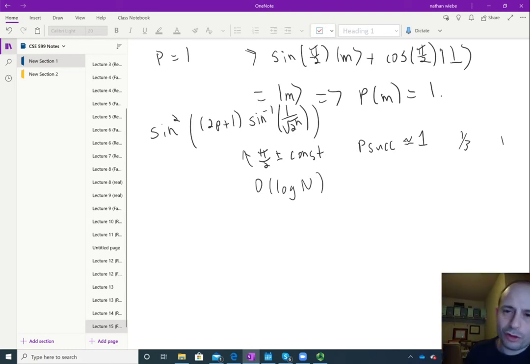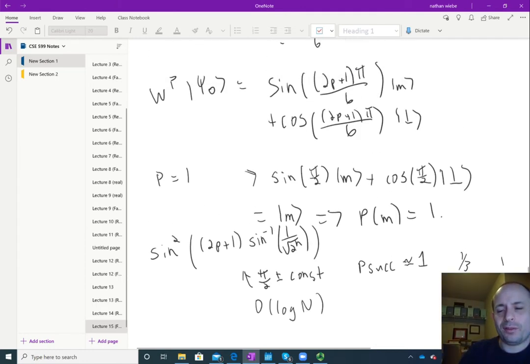However, in principle, we can boost the success probability to 100% always, but I'll get to that later. So for now, it suffices to see that we can always make the probability of success arbitrarily high just by choosing, for any fixed value of n, the value of p that makes this maximally close to pi by 2.